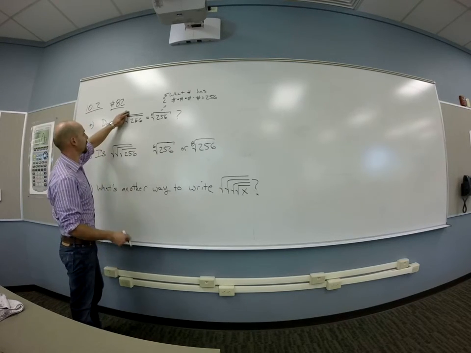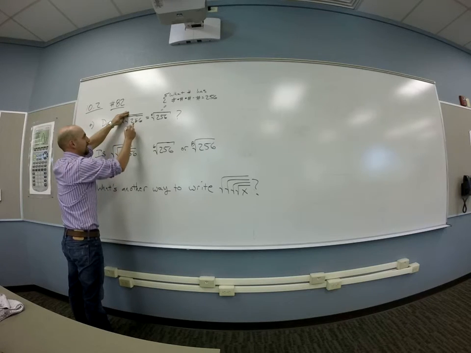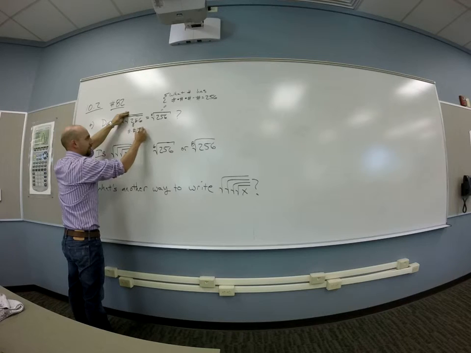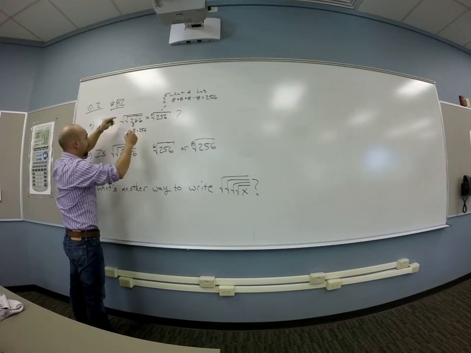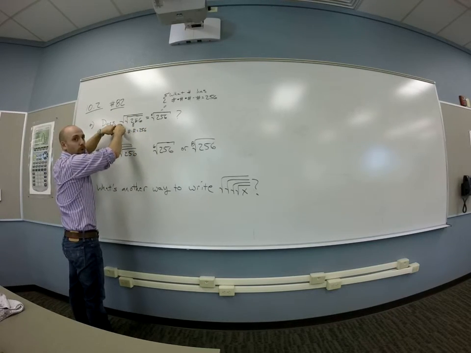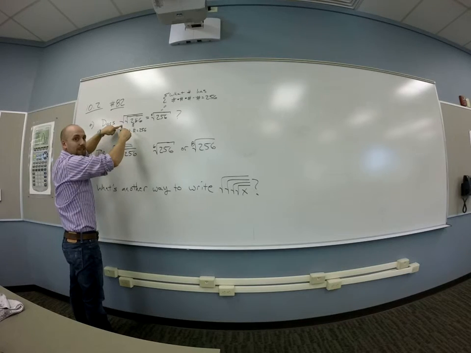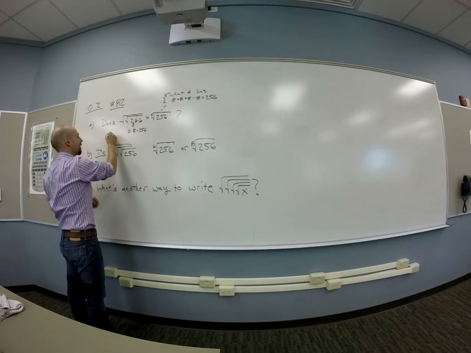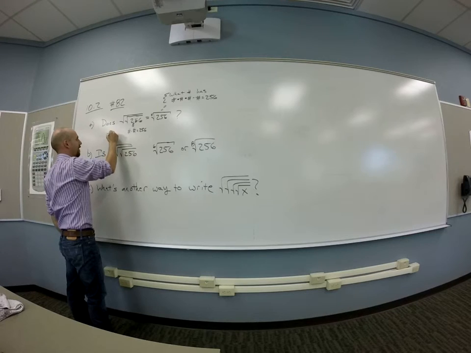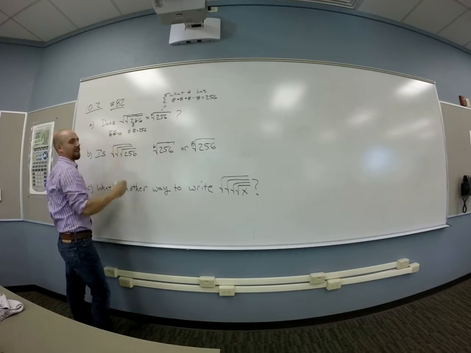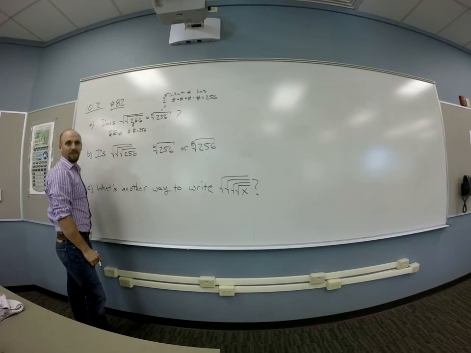The first bit is saying, okay, this is number times number equals 256. And then this one asks, what other number has number times number equals number, right? You guys see that?